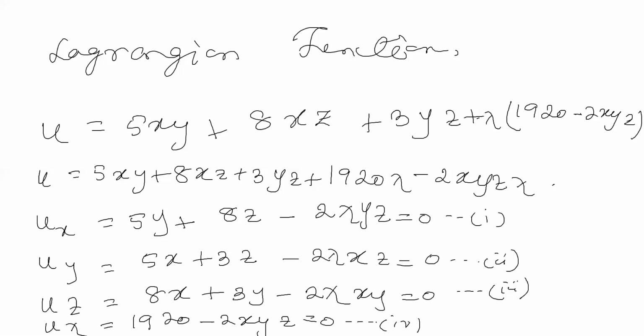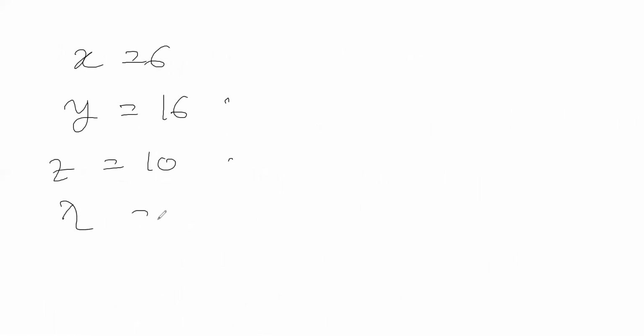Okay. Now, if we solve for the critical values, then we will get x is equal to 6, y is equal to 60, z is equal to 10, lambda is equal to 0.5, and u, the utility function, is equal to 1440.